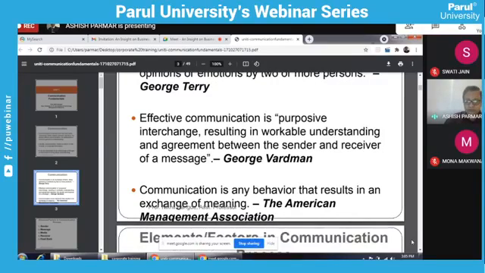The American Management Association said communication is any behavior that results in exchange of meaning or meaningful ideas. So these are the different quotes by different people about communication. Basically, it boils down to communication meaning exchange of meaningful ideas, receiving, decoding and encoding. We'll go into that detail.